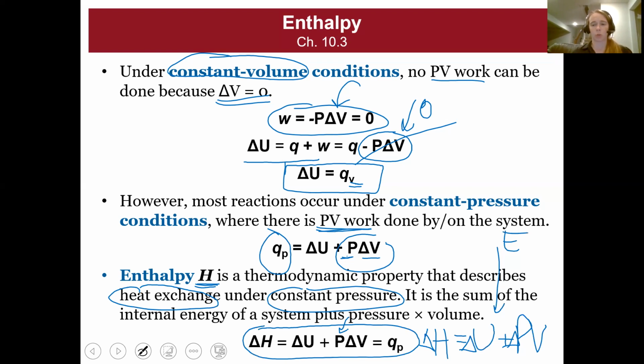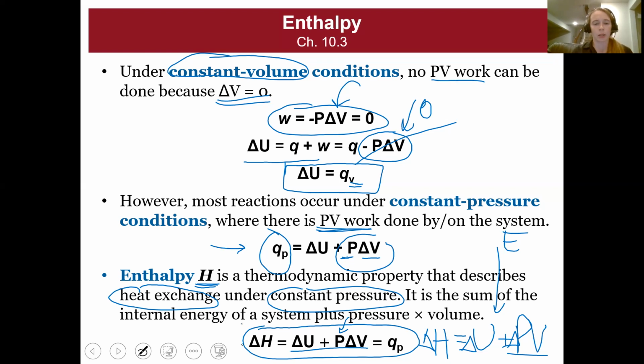So we only need to worry about the change in volume. So we write this, and this looks really familiar because I had it right up here. Delta H is equal to delta U plus P delta V, which is equal to Q, or heat, under constant pressure.